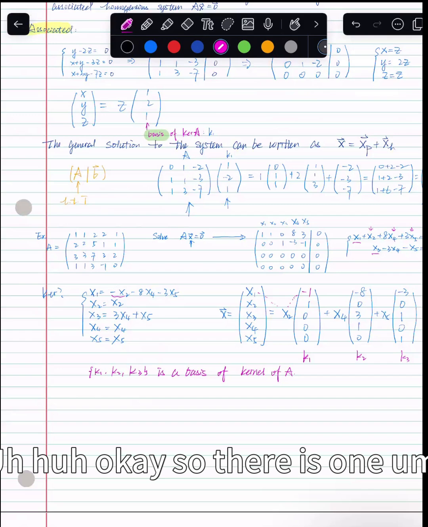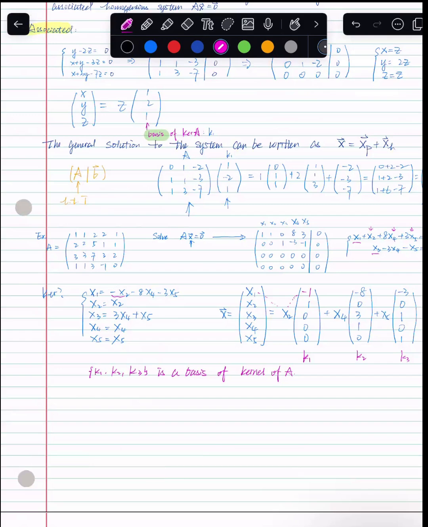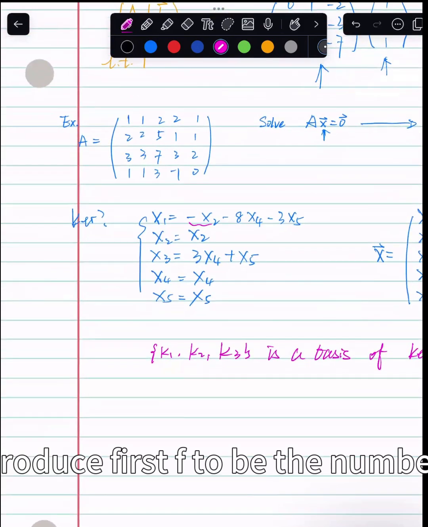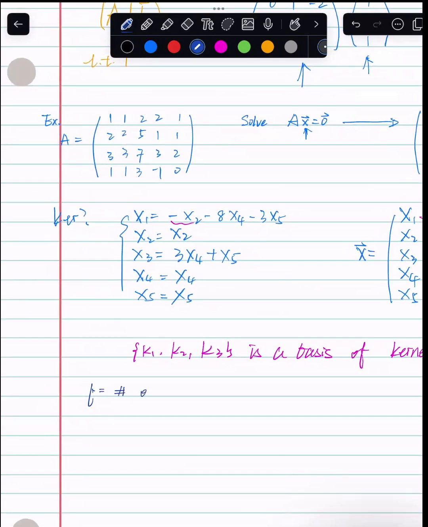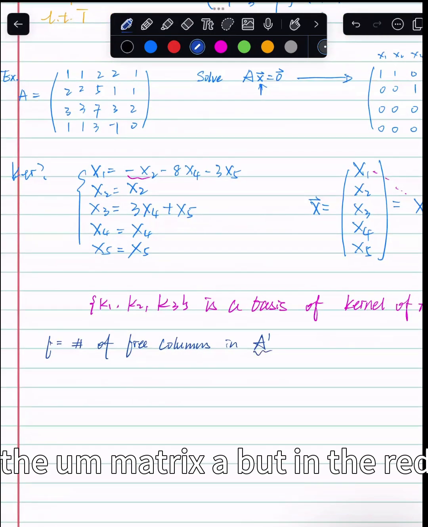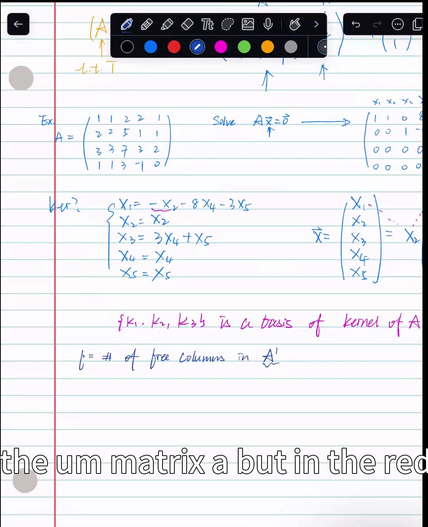Wait, so there was one theorem. Basically, if we first introduce f to be the number of free columns in A prime, and this A prime means the matrix A, but in the reduced row echelon form.